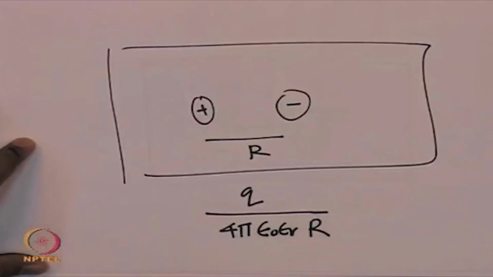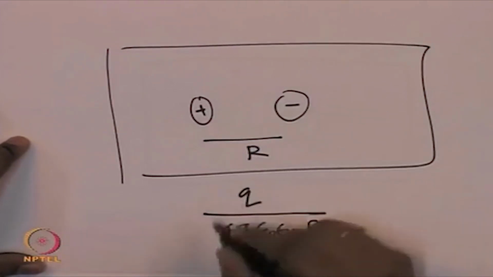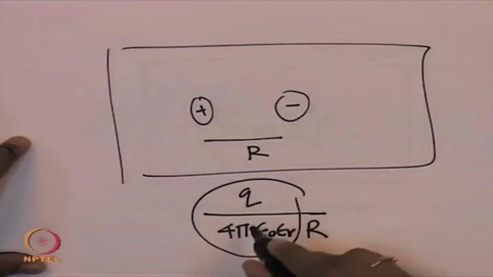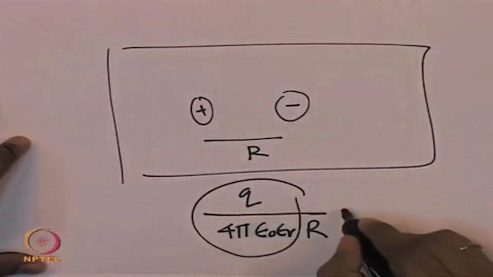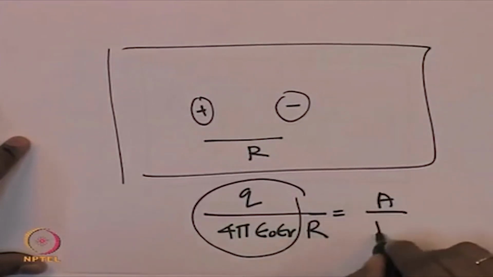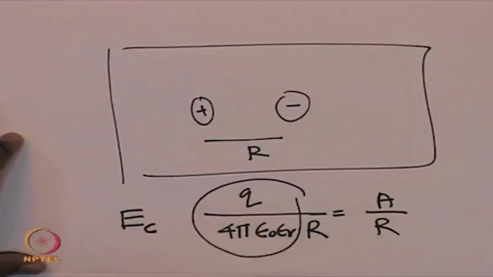The energy has a 1 over r relationship. We don't have to worry about all these constants. It is some constant, let me call it A, divided by r. This is the typical Coulomb energy.